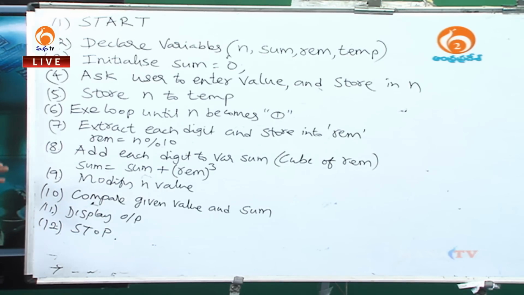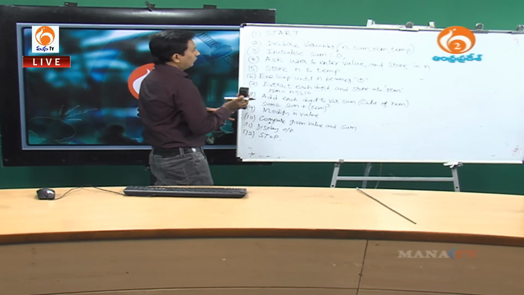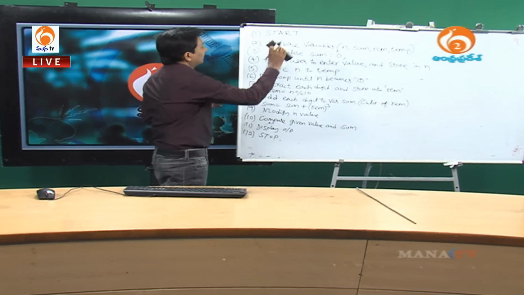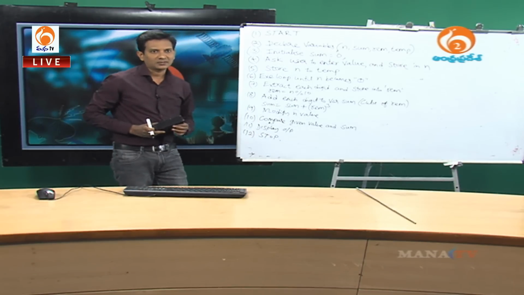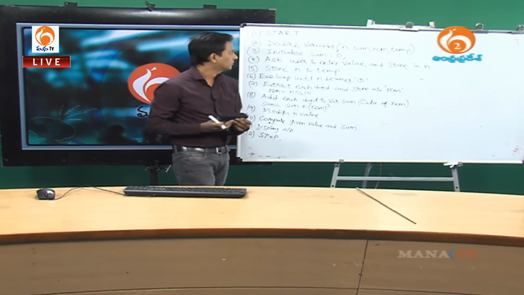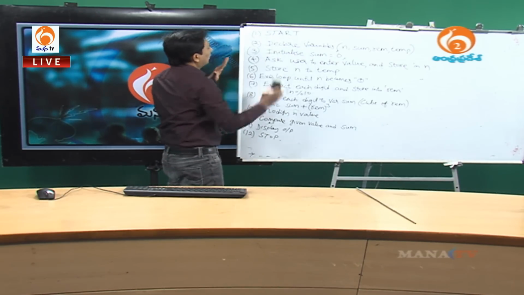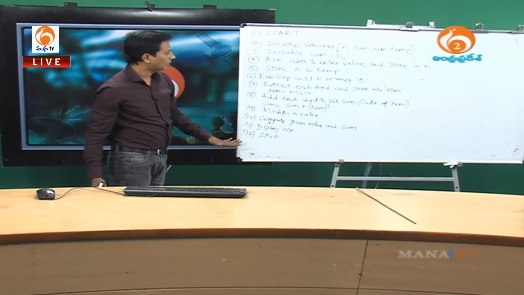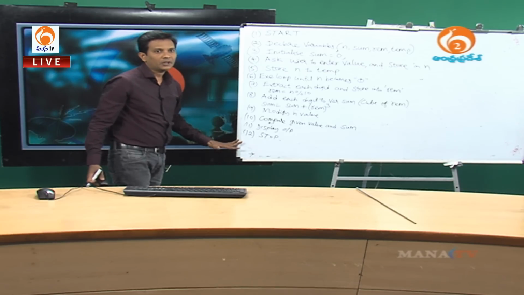Now we will do this programmatically. One step at a time, I will convert it into C valid statements. First, start. I hope you understood the steps involved for Armstrong number or not.